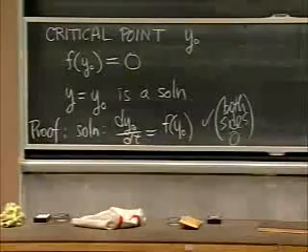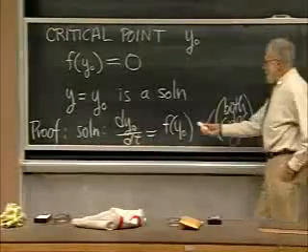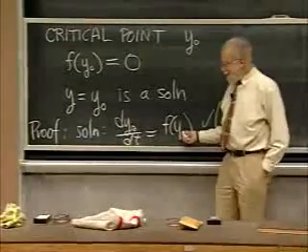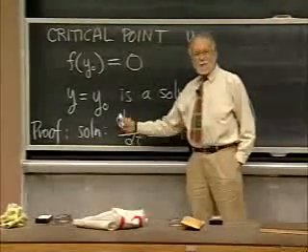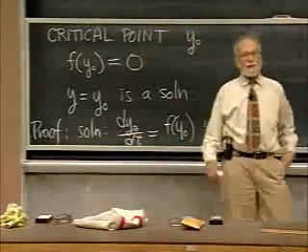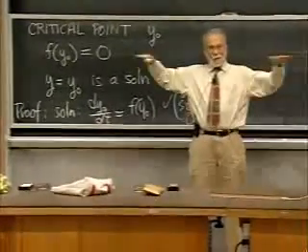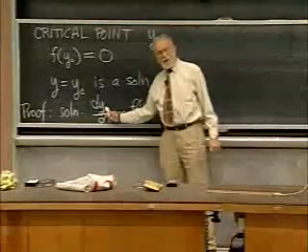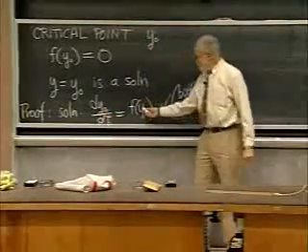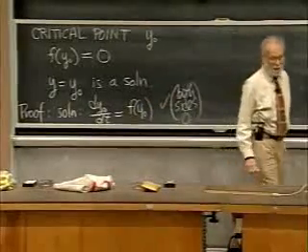Now, y0 is not a number. Well, it is a number on this side, but on this side, what I mean is the constant function whose constant value is y0. And its derivative is 0 because it has slope 0 everywhere. So this is a constant function. It has slope 0. This is a number which makes the right-hand side 0.